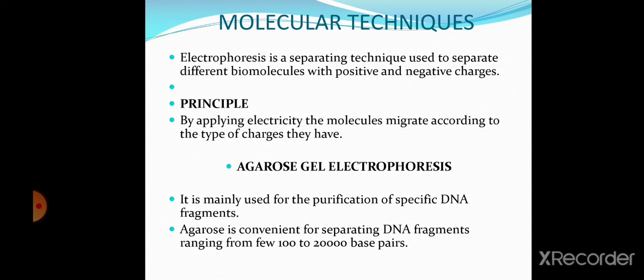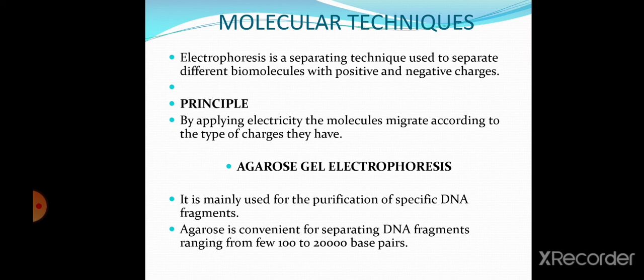One of the methods used here is agarose gel electrophoresis. This method is best used for the purification of specific DNA fragments. It is a very convenient method for separating DNA fragments which range in size from a few hundred to about 20,000 base pairs.